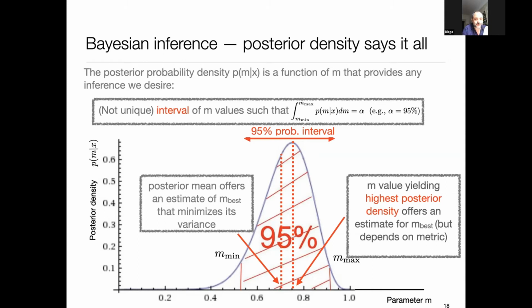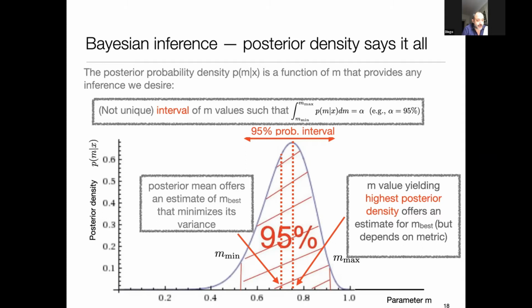Once you have constructed this posterior probability, you can do whatever you want. You can take the mean of this distribution, which offers an estimate of the central value of the parameter that minimizes its variance.